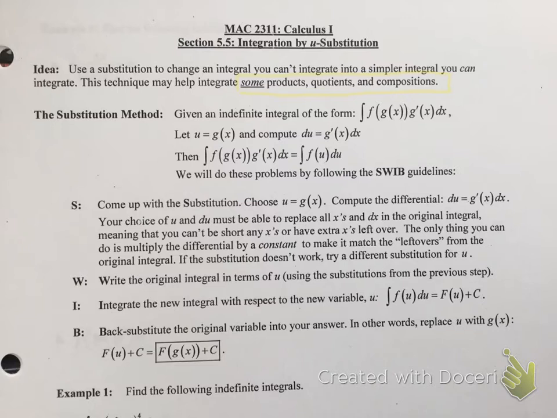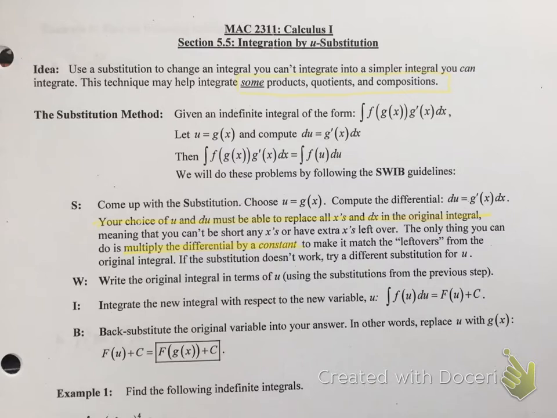We take the derivative of g of x, whatever that is. Here's a note, and it's very important: your choice of u and du must be able to replace all x's and dx in the original integral, meaning you can't be short any x's or have any extra x's left over. The only thing you can do is multiply the differential by a constant to make it match the leftovers from the original integral.